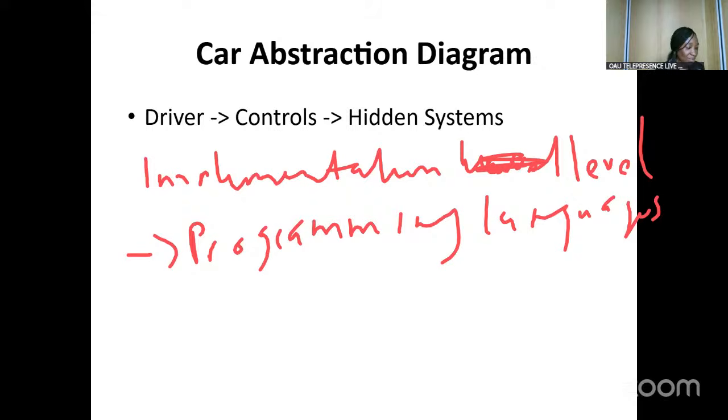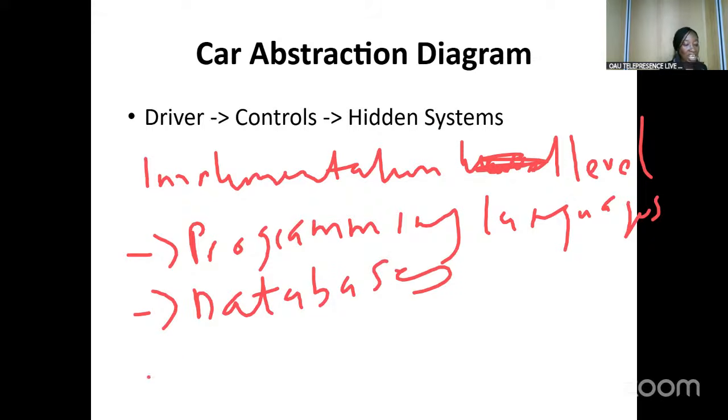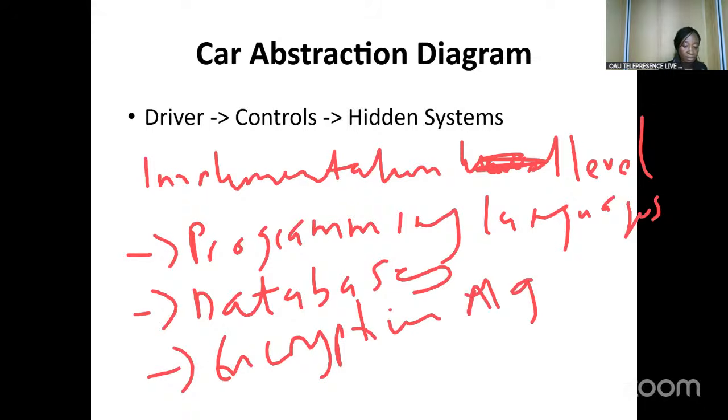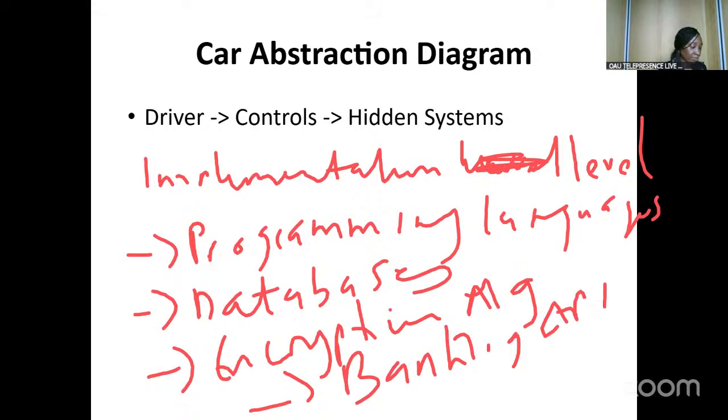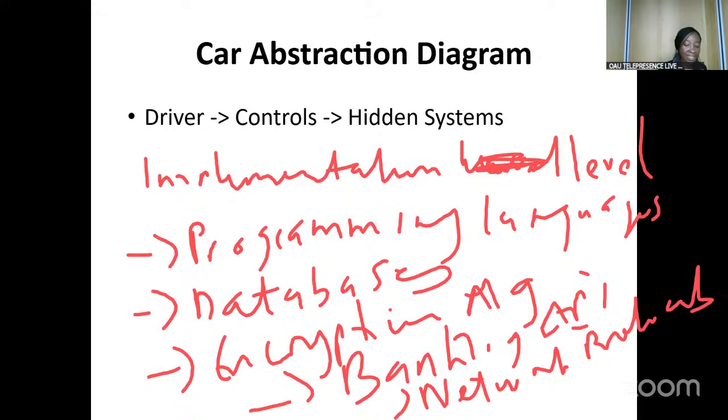So we have programming languages, databases, encryption algorithms at this level. Banking APIs, network protocols, and security mechanism.